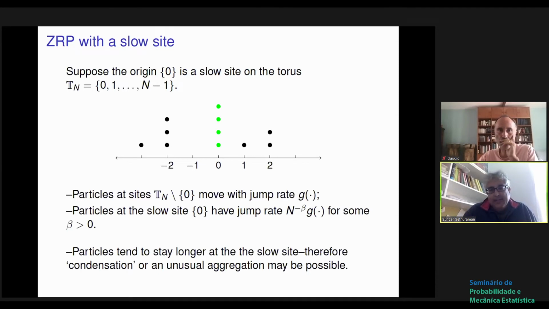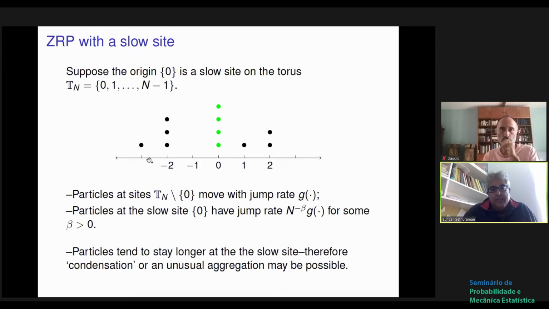The way it moves is that each location has a clock. The clock rings with a certain rate, which depends on the number of particles. So let's say that there's a function g, and if there are 3 particles here, this site will ring at rate g of 3. Then at random, one of these particles is chosen, and we're going to be considering the symmetric system. So that chosen particle will either move to the nearest left or the nearest right with equal probability.